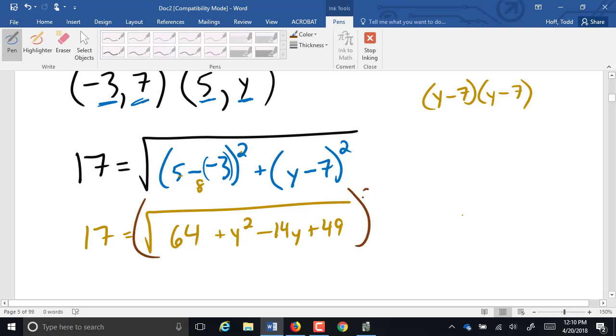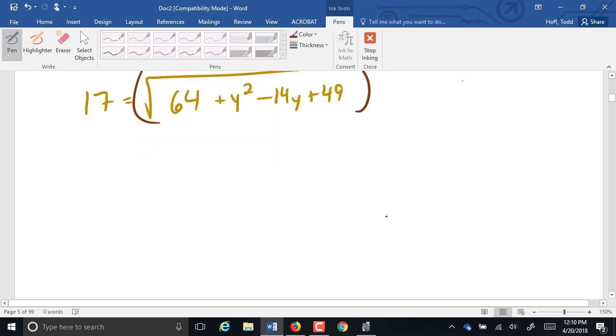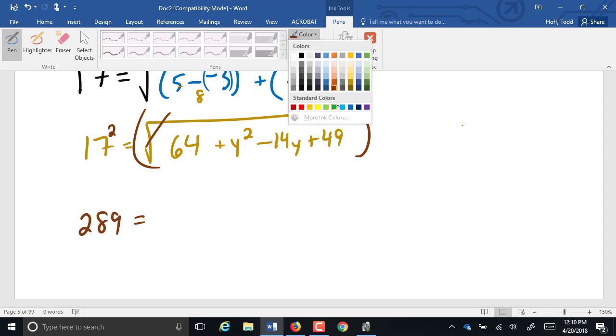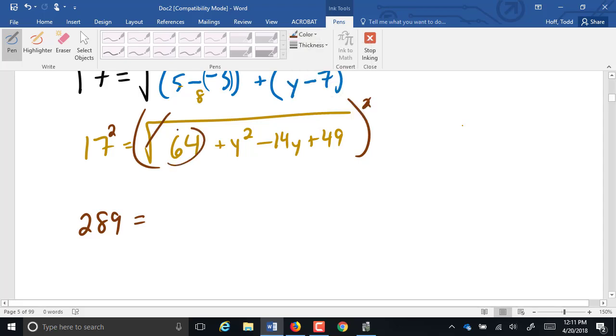We get rid of the square root symbol by squaring it. Squaring and square root would cancel each other out. 17 squared is 289. Over here, all we would have is what's left inside of that. I'm going to combine the 64 and the 49, which is going to give me 113. So I got y squared minus 14y plus 113.